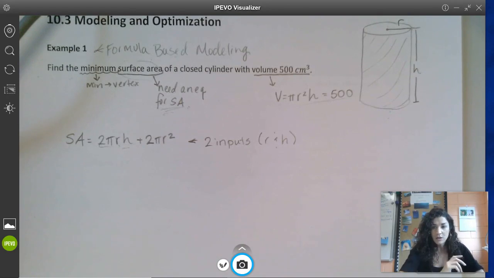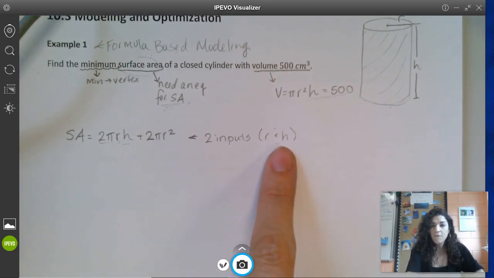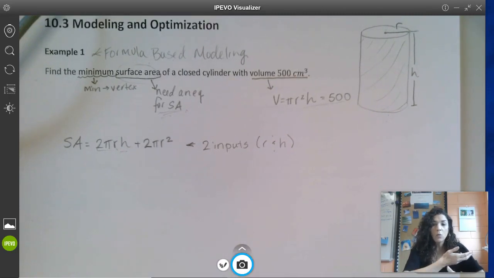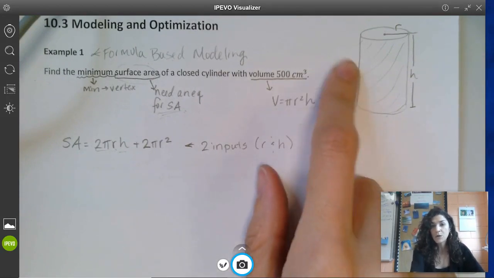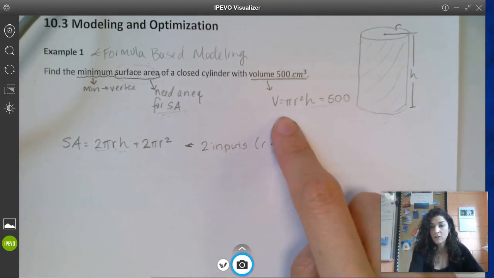The other equation that we need to create is going to involve R and H. So we go back through and say, what other information did they give us in this problem that involves R and H? This is where your key to unlock the problem is right here in front of you, that we were given this information and we haven't used it yet.